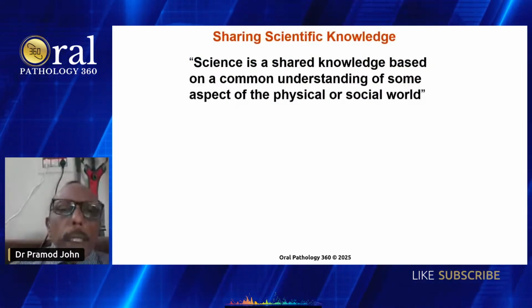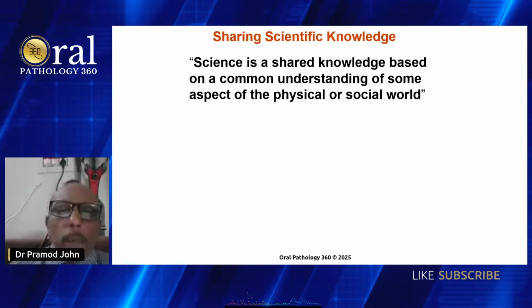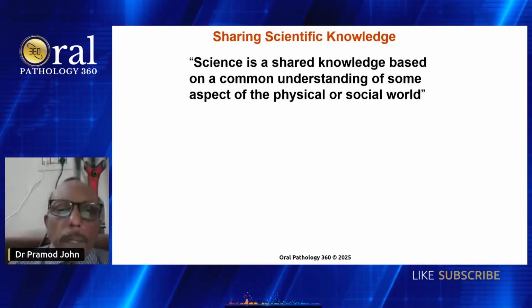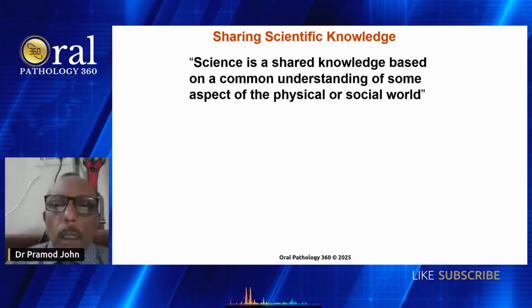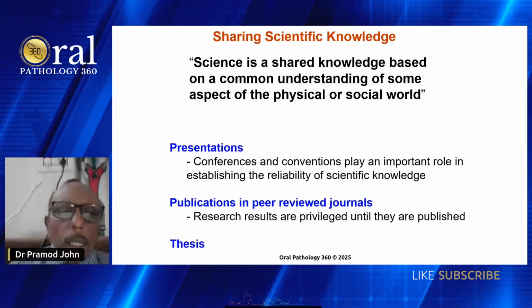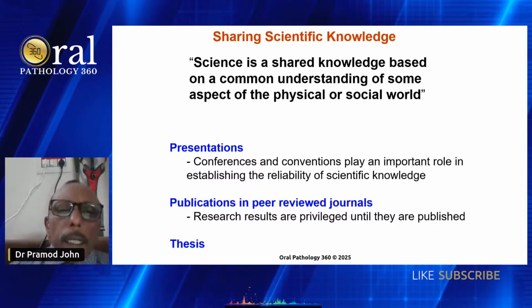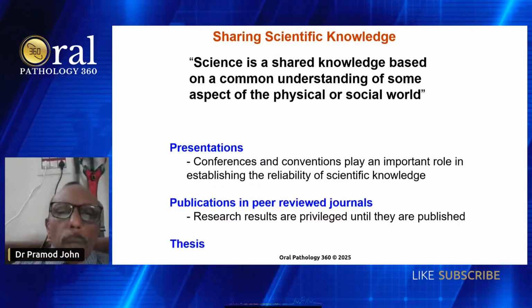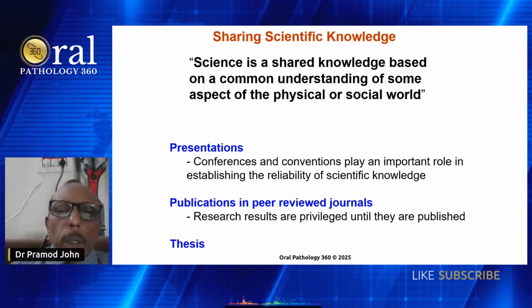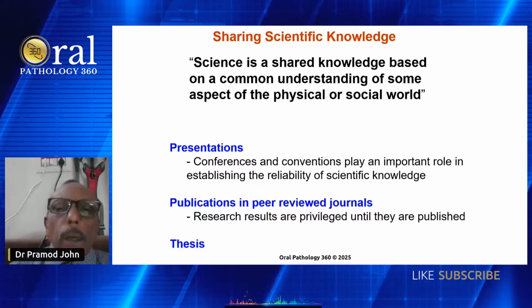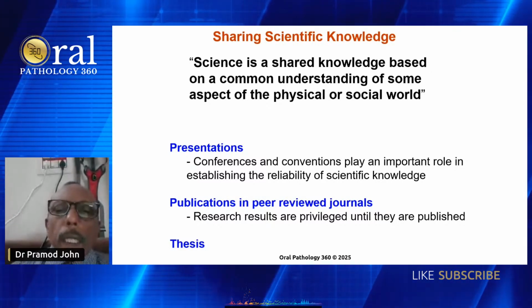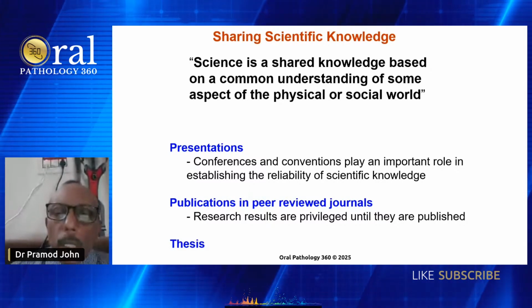Sharing scientific knowledge. Science is shared knowledge based on a common understanding of some aspect of the physical or social world. And there are various avenues by which you will be able to publish your study or your work. Conferences and conventions play an important role in establishing the reliability of scientific knowledge.